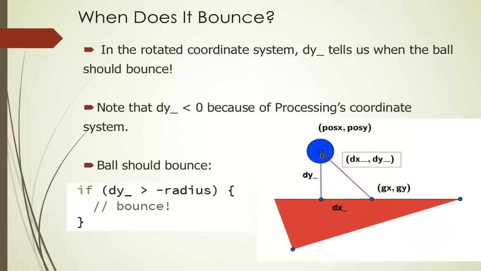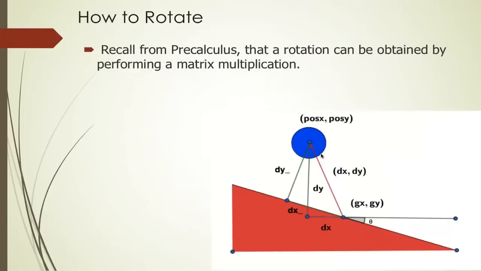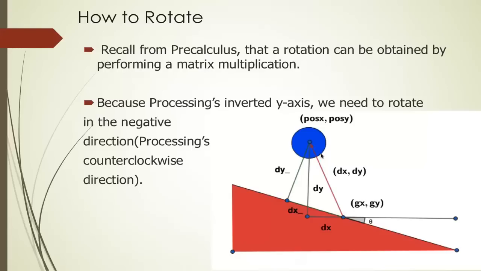Okay, so now we want to talk about how to rotate. From pre-calculus, we learned that rotation can be done by multiplying by a matrix. Because of Processing's inverted y-axis, we need to rotate in the negative direction. In other words, we need to rotate counterclockwise in the Processing coordinate system.